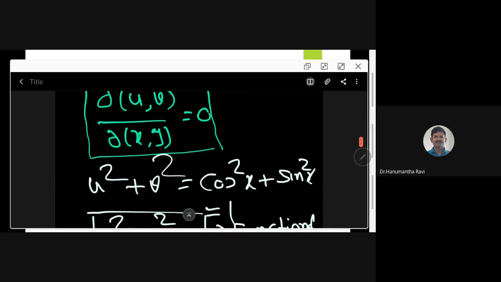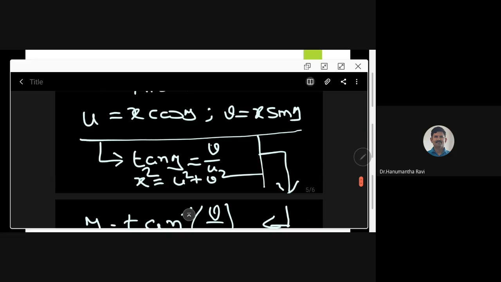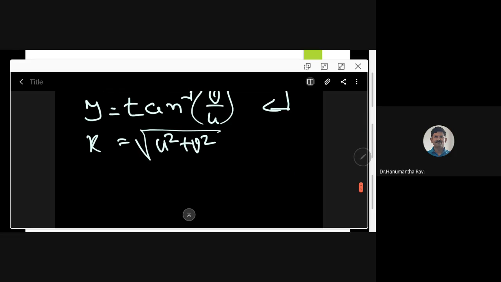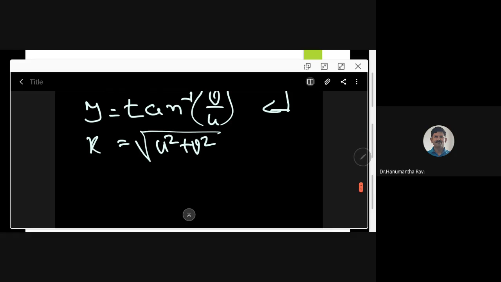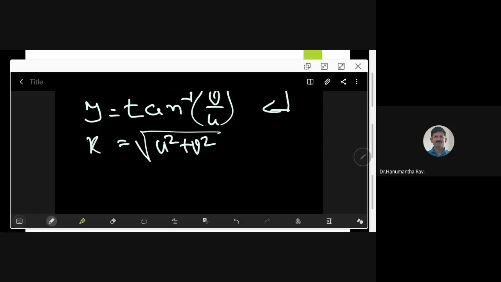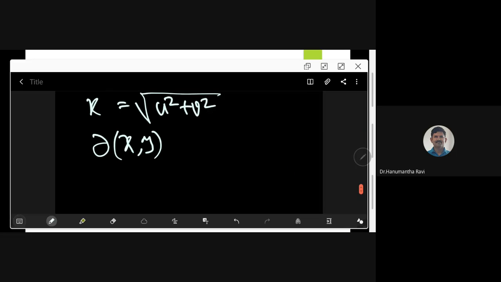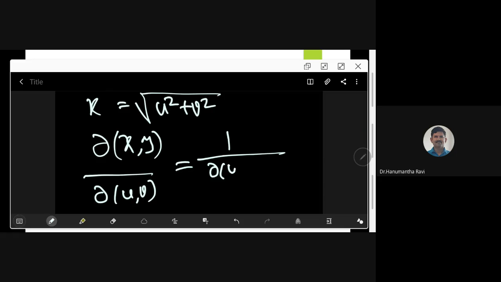On the other hand, when there is no functional dependency, that is when u and v are functionally independent, then you can express this. So in this scenario, we can also think about what is dou xy by dou uv. That also we can think about. So it says 1 by dou uv by dou xy.